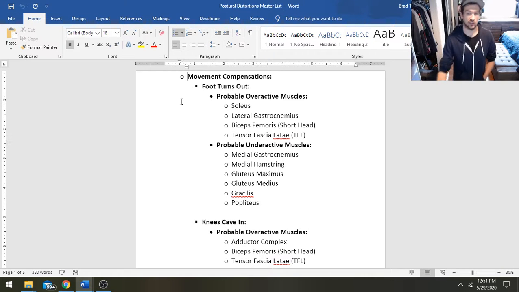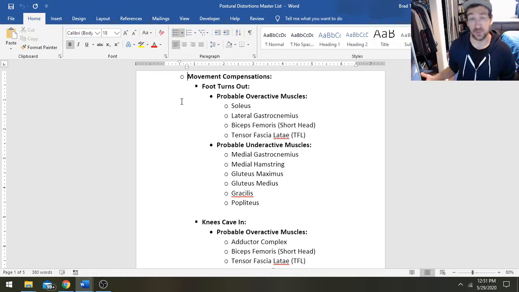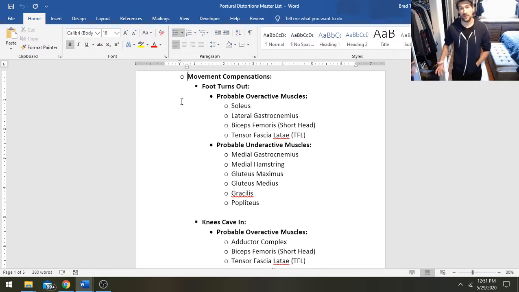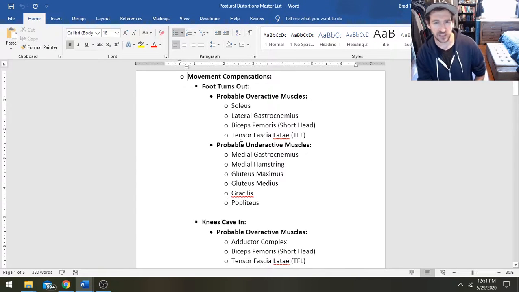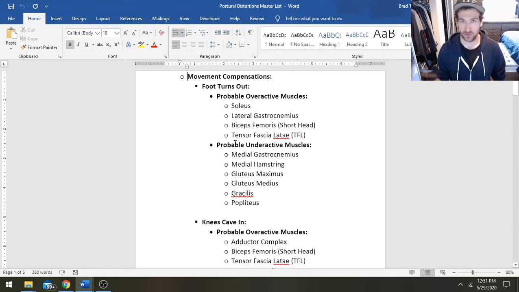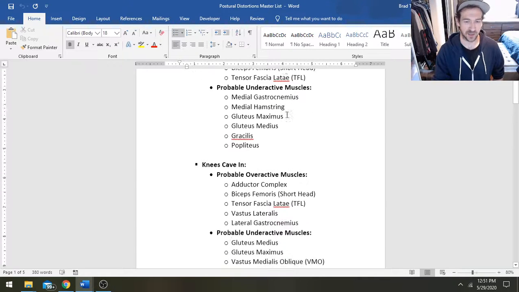And then you're going to look at your underactive muscles, which are exactly the opposite, right? Those are going to be hip external rotators and tibial or calf muscles on the medial side. So we're seeing a little bit of altered reciprocal inhibition and a little bit of synergistic dominance.